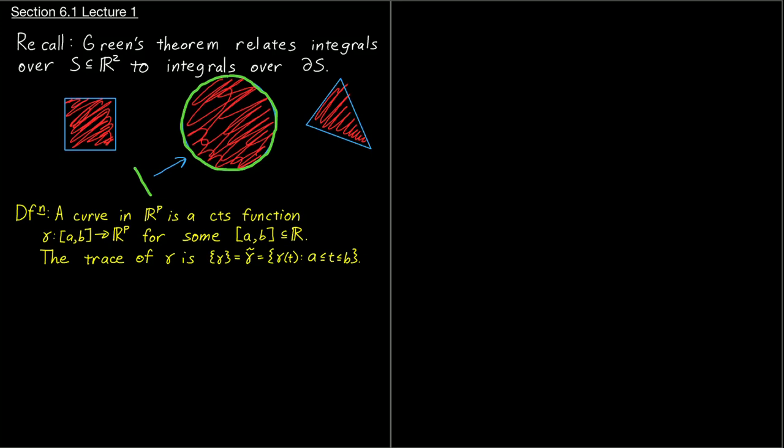We want to be able to talk about differentiating curves, so we're going to call gamma a C1 curve or a smooth curve if it is differentiable in the sense of definition 6.1.